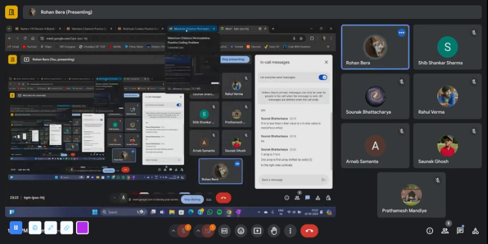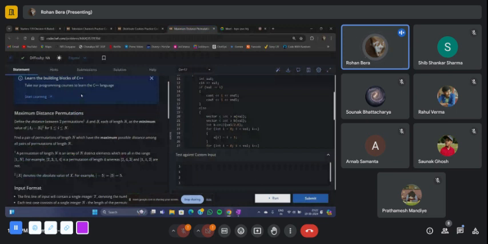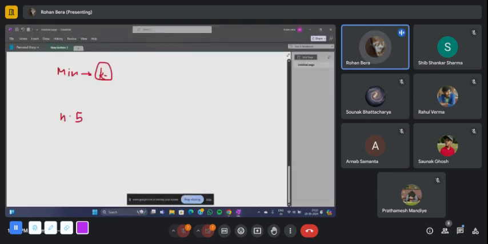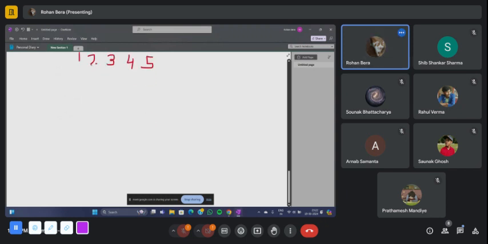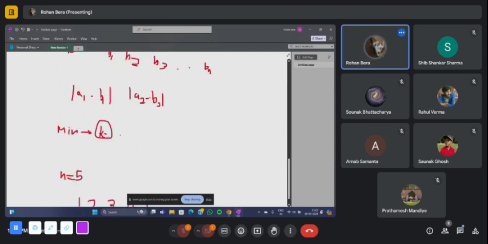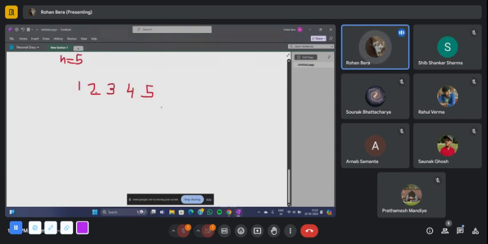Okay, so let's proceed to the question. So suppose I've been given a value n. I can write one permutation as 1, 2, 3, 4, 5. Now I need to arrange the second array in such a way that the differences are as large as possible. One way I can do this is to take the last n by 2 numbers of this array to the beginning.